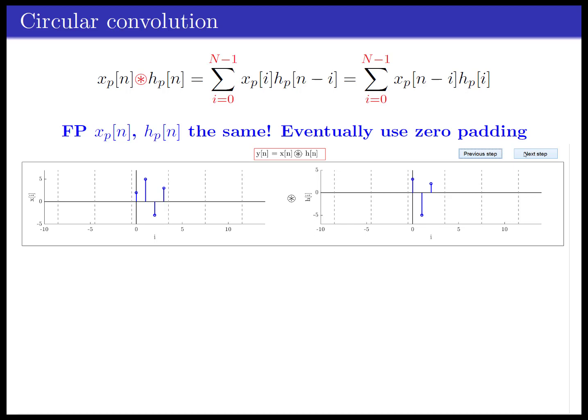In this example, signal x has length 4 and impulse response h contains 3 samples. Since both must have the same length, the first step is to apply zero padding. In this case, this implies adding one extra zero to the impulse response h.